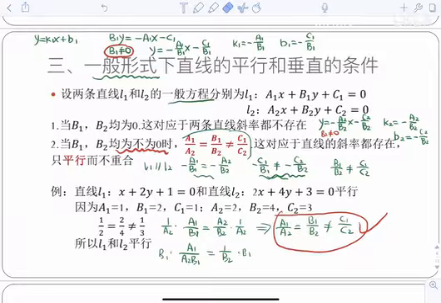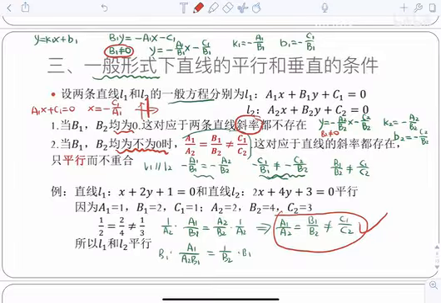And if B1 and B2 equal 0, meaning these two lines' slope does not exist, then A1x plus C1 equals 0, so x equals minus C1 over A1. So the slope is not existent.